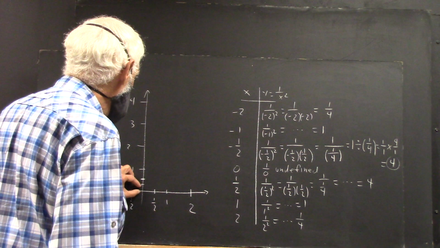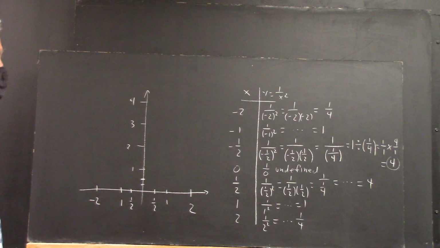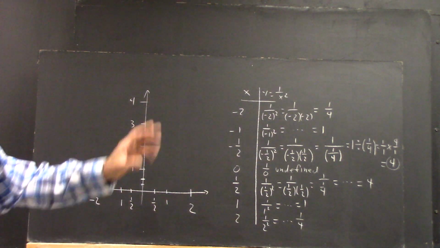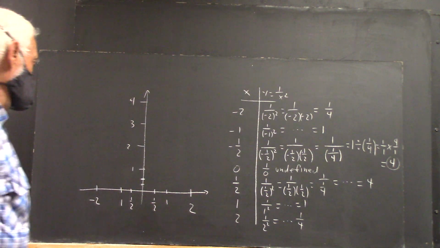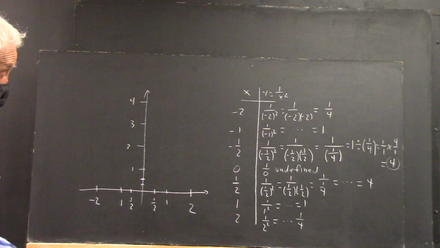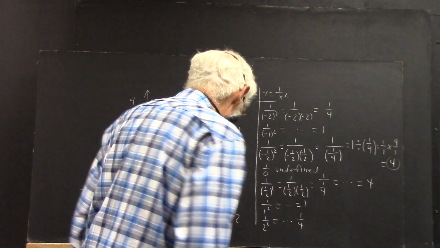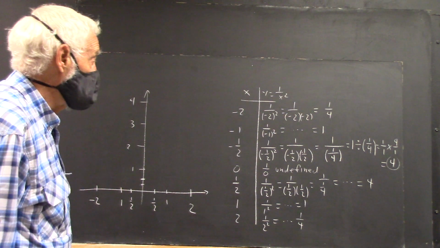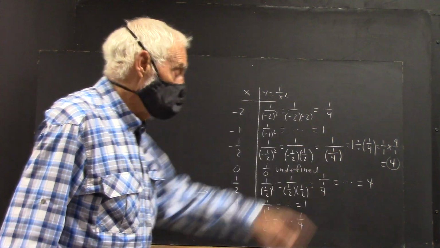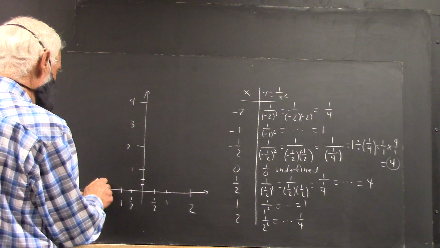Take 4 of these, and it's not a really great 1/4, but try to do better. I'm glad if you show off. Okay? So now, to plot the points. -2, 1/4. Here's -2, here's 1/4, here's -2, 1/4.